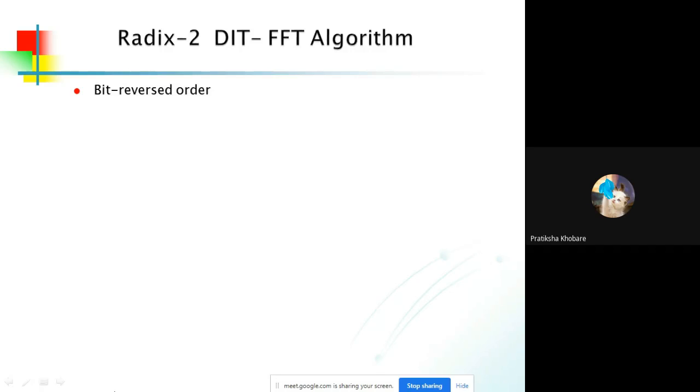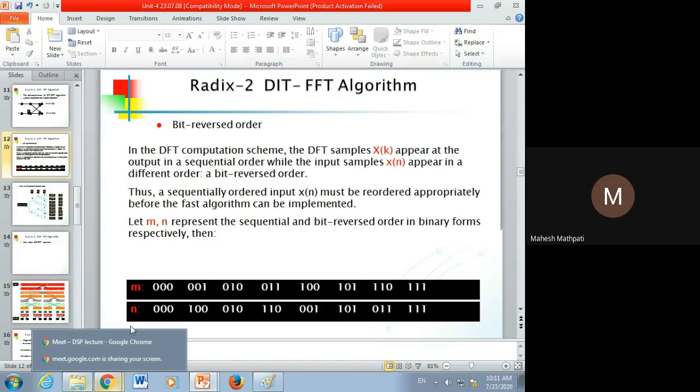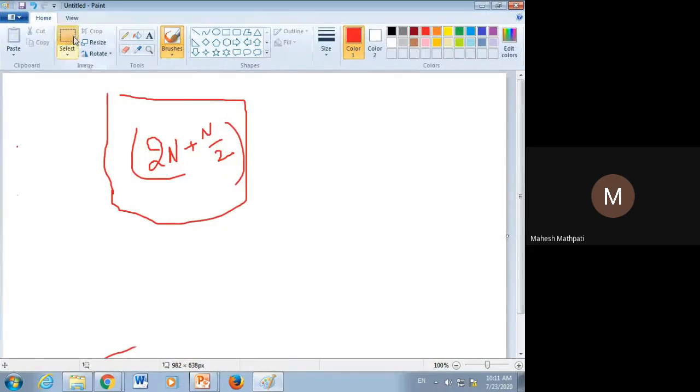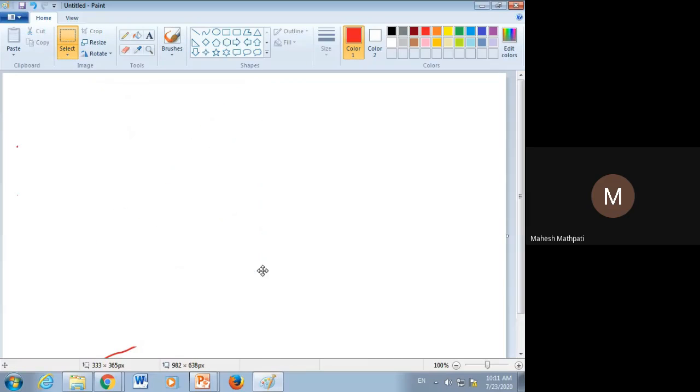Now we will write it in this way. The first I will write 8-point numbers. So we will write 0, 1, 2, 3, 4, 5, 6, 7. This is our normal number.